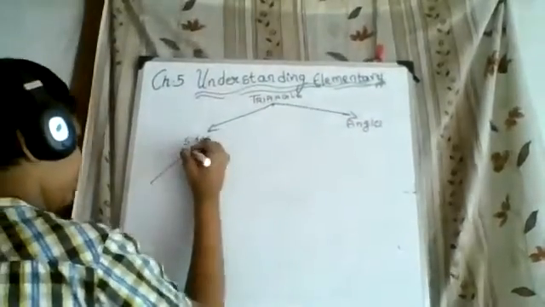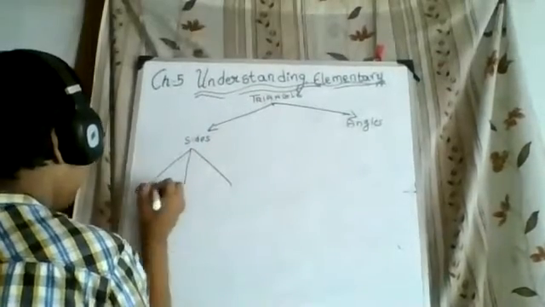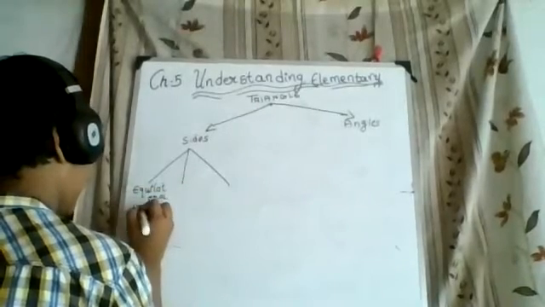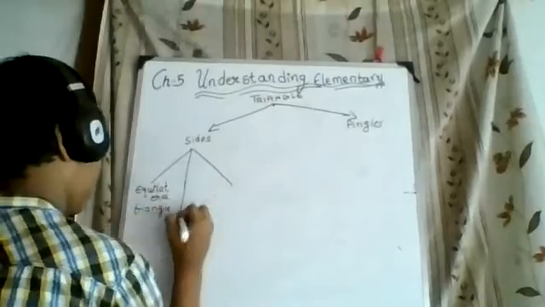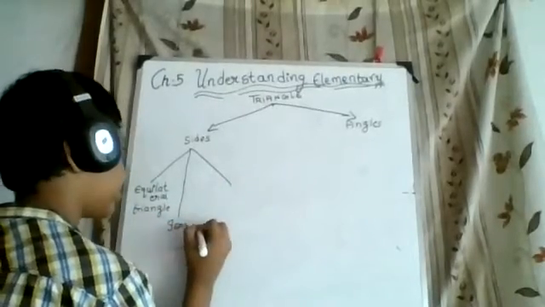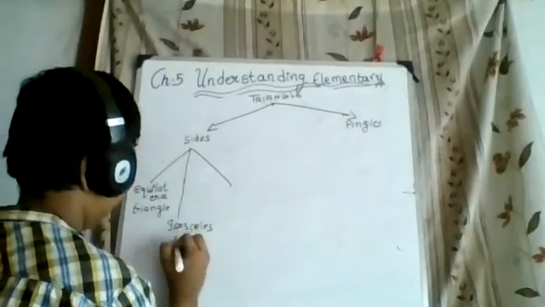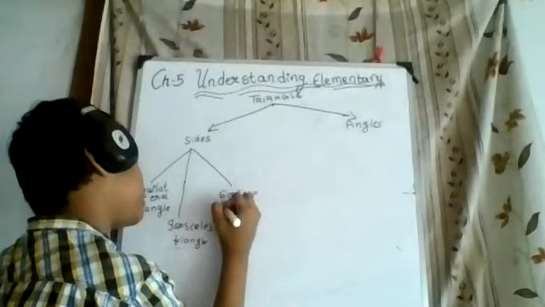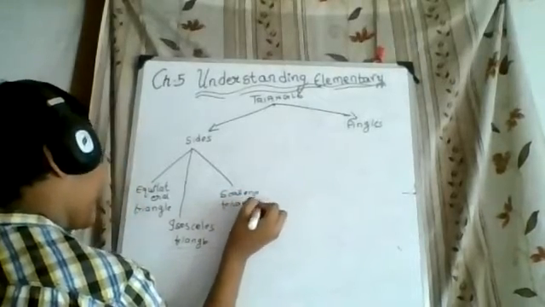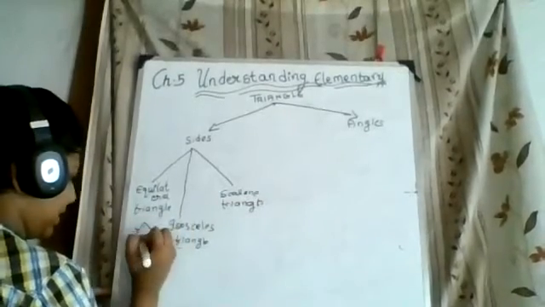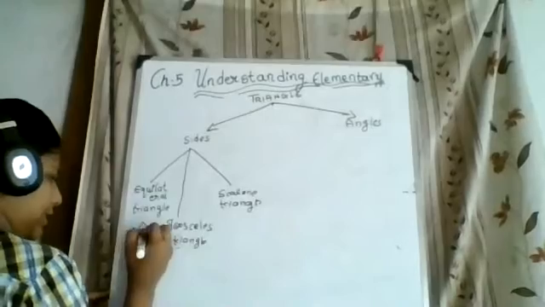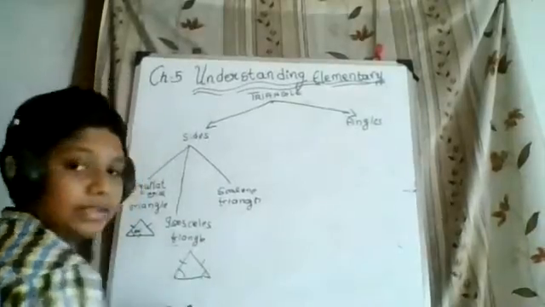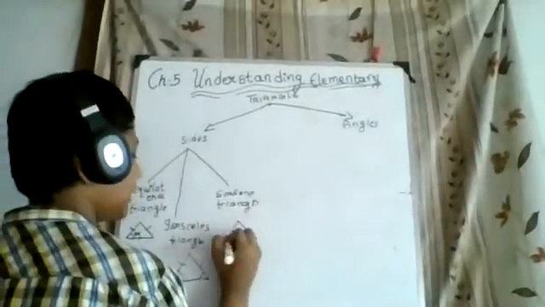In sides we have three: equilateral triangle, isosceles triangle, and scalene triangle. Equilateral triangle means all three sides are equal and each angle measures 60 degrees. Isosceles means two sides are equal and the opposite angles, the base angles, are equal. Scalene, all three sides are different.